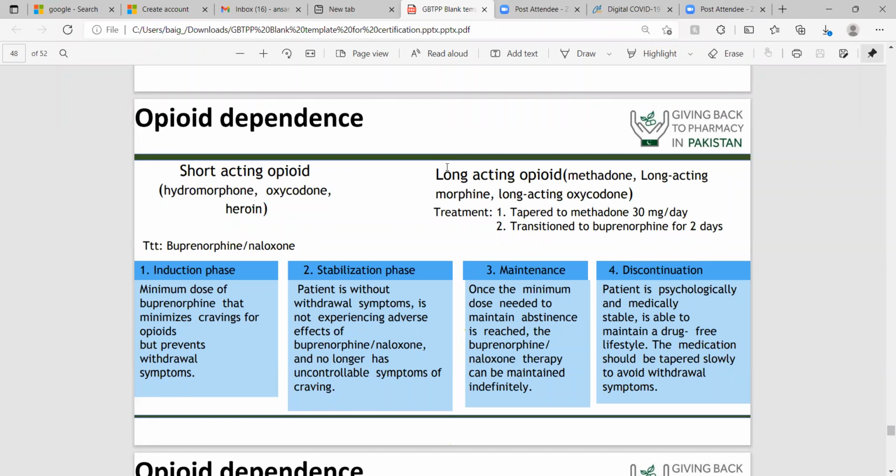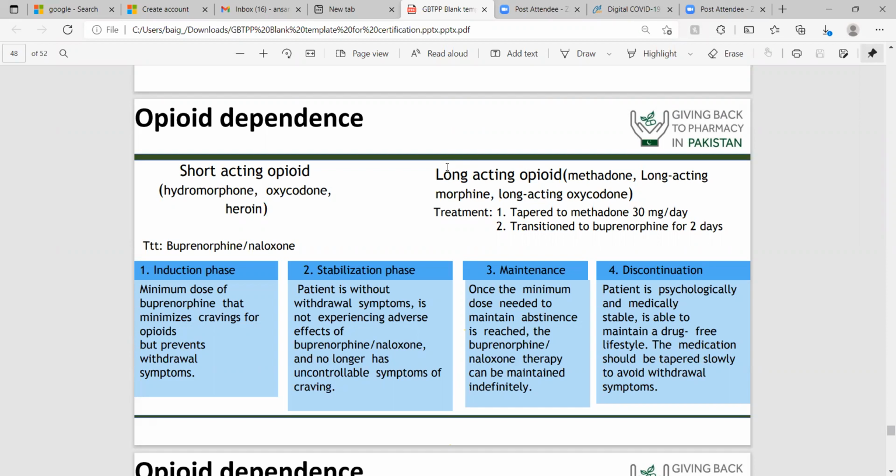So normally in practice, if a patient has opioid dependence, we treat with Suboxone. That's the combination of buprenorphine and naloxone. Treatment has 4 phases: induction phase, stabilization phase, maintenance, and discontinuation.